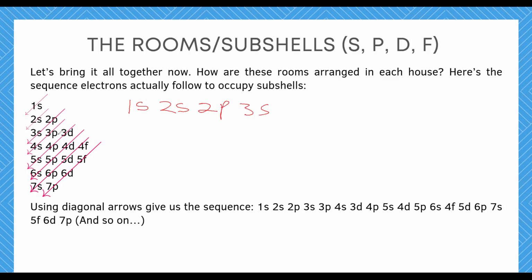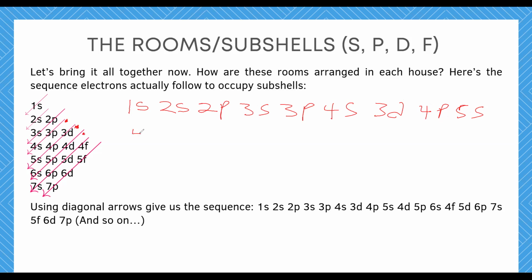For arrow number 4, what does it touch? 3P and 4S. Thank you. For arrow number 5, what does it touch? 3D, 4P, and 5S. Thank you.